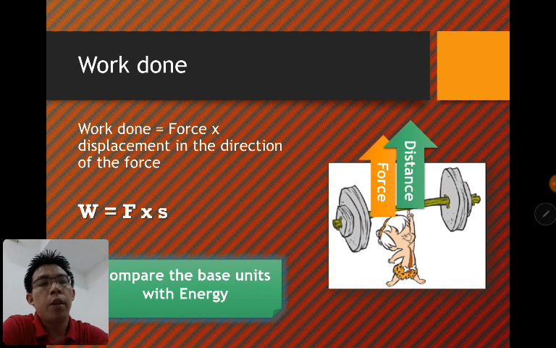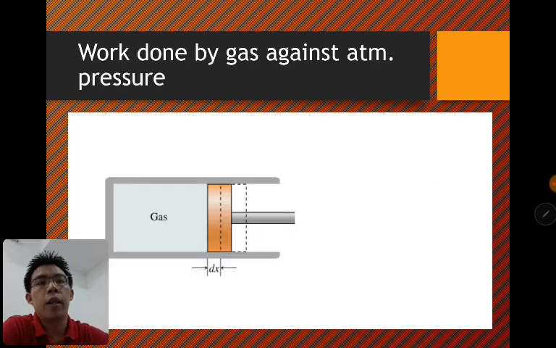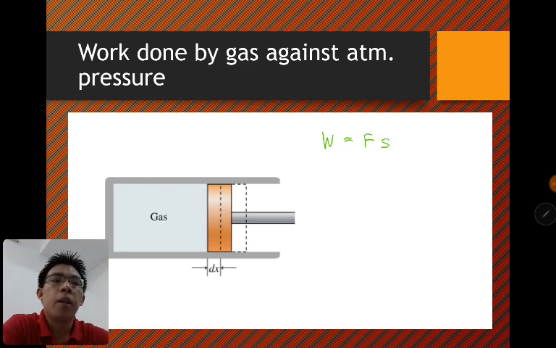So let's go back to the work done by gas just now. We have W equals F times S. But for the case of a gas inside a cylinder, we cannot actually measure the force. What we usually measure is the pressure.